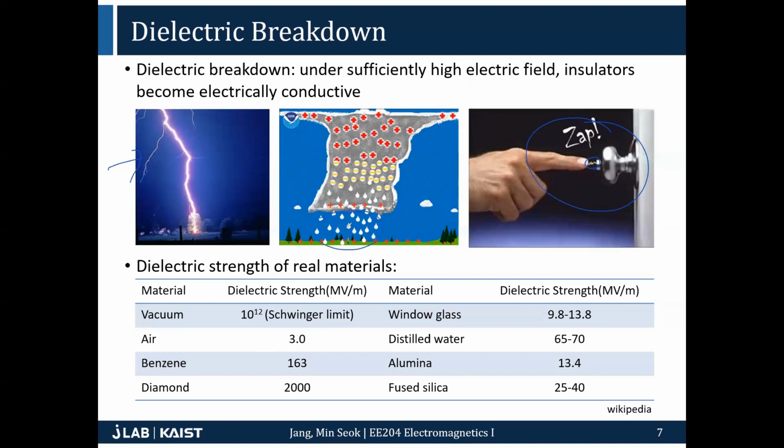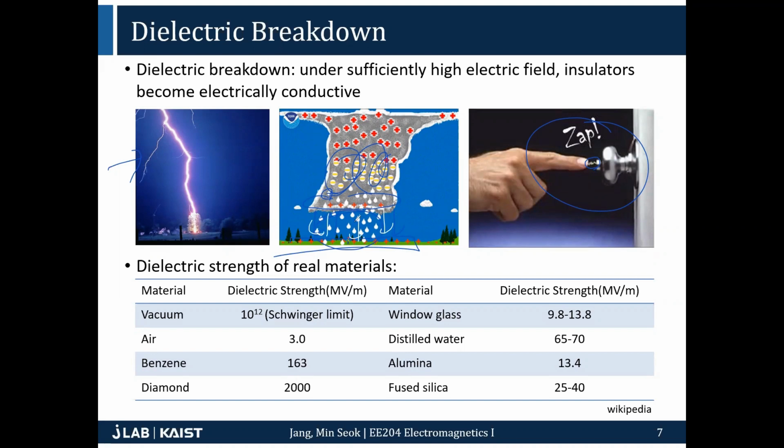So what happens is that as the water molecules or ice particles move around, they become charged, and then the charge accumulation between the bottom of the cloud and the top of the Earth's surface becomes higher and higher, and there's more electric field accumulated, right?